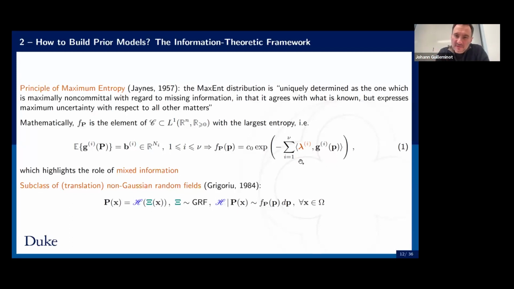There is something I'd like to say about this expression. Those brackets are just a standard notation for the inner product in the Euclidean space. But if you look at the structure of this PDF, if you had a class in statistics or probability, you realize that if the information included in my model in those G's does not mix information on the components of P, then my density will have a separable structure and I will end up with independent components.